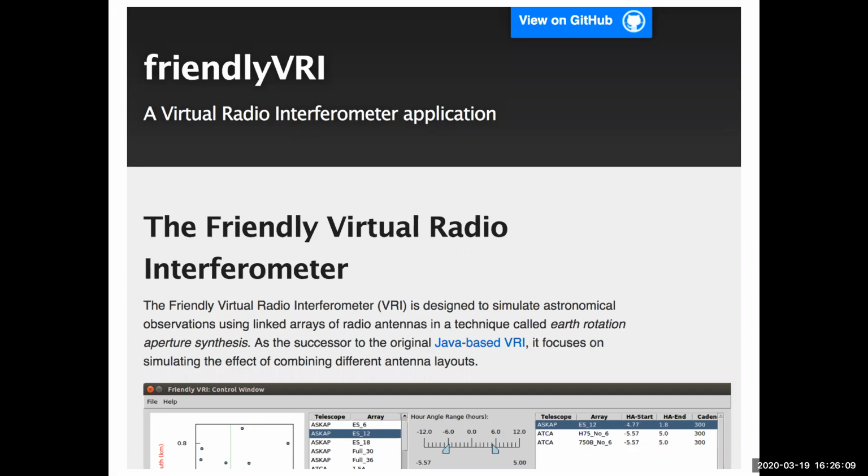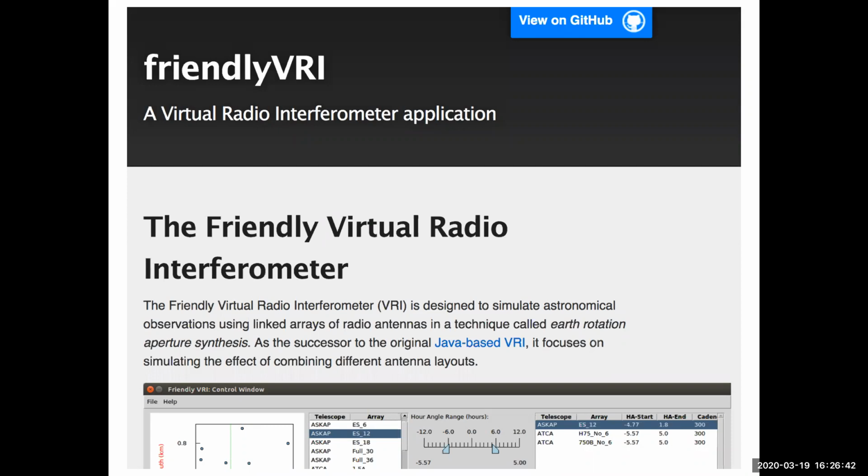Yep. So the link should be on the website for this friendly virtual radio interferometer. So definitely install it, play with it, try different things. There's a lot more that it can do than I've shown. It can show you what happens if you put in different kinds of images, different sky distributions, and see how well different antenna distributions recover different shapes on the sky.